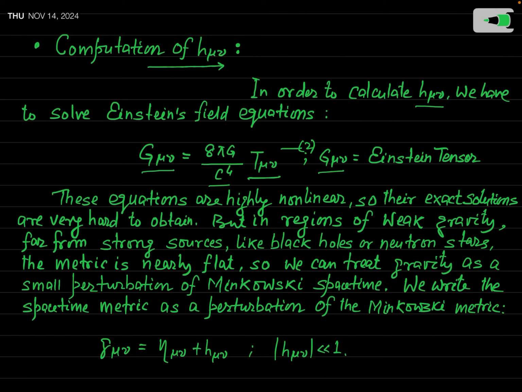And as I have told you earlier, these Einstein's field equations are highly non-linear, and therefore their exact solutions are very hard to obtain. So definitely if your aim is to obtain the solution, you have to follow a mathematical trick or technique. First of all, we will make these equations linear so that their solution will become easier.